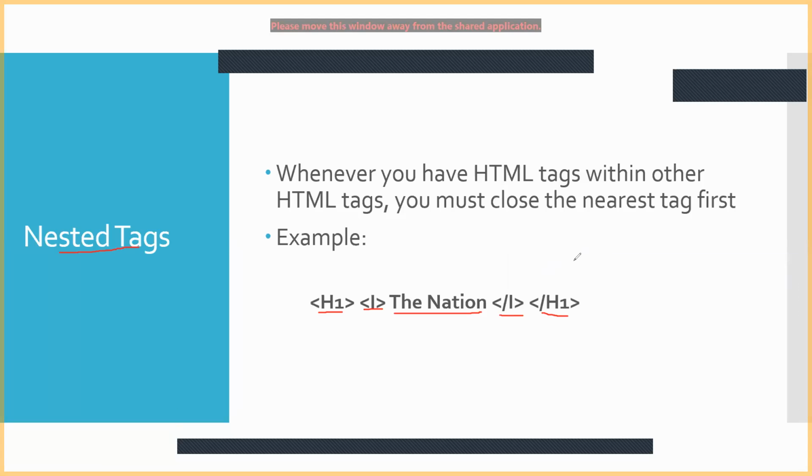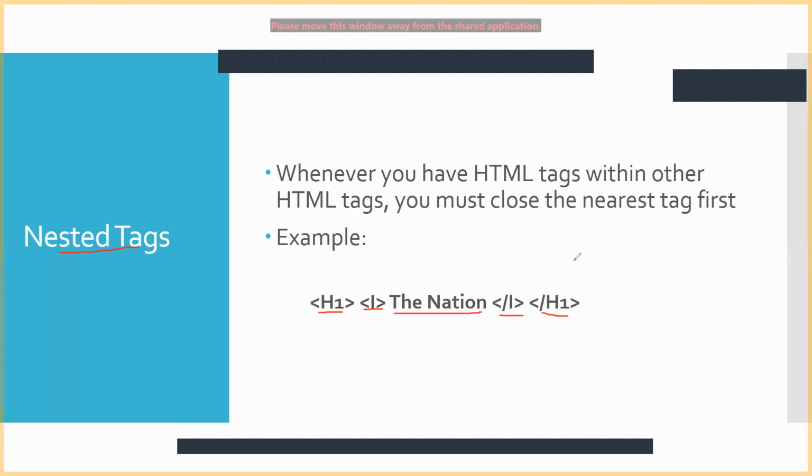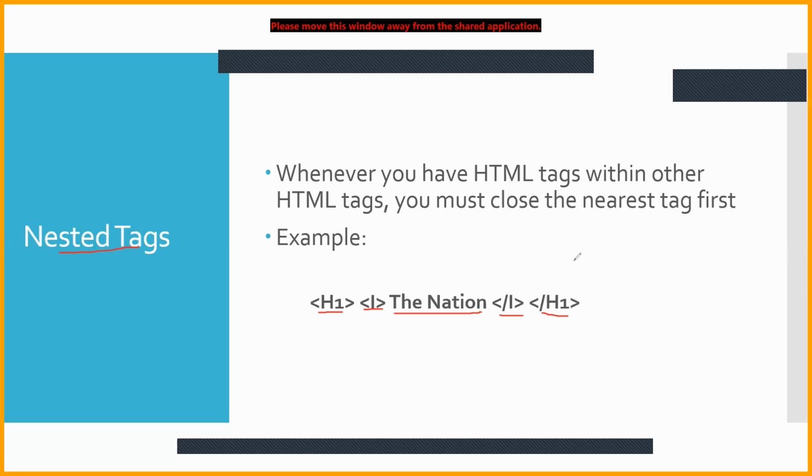Now in HTML, we use different tags, and using those tags we add each and every piece of information to a simple website, such as text, images, photos, files, hyperlinks, video, and sound. All these things you have to add into the HTML website.